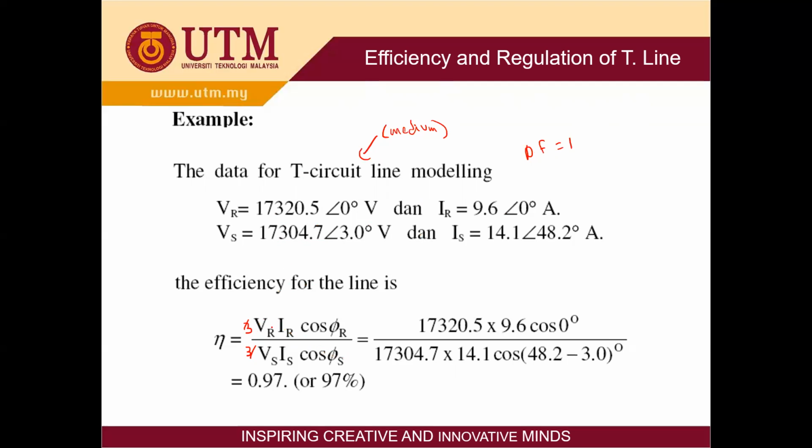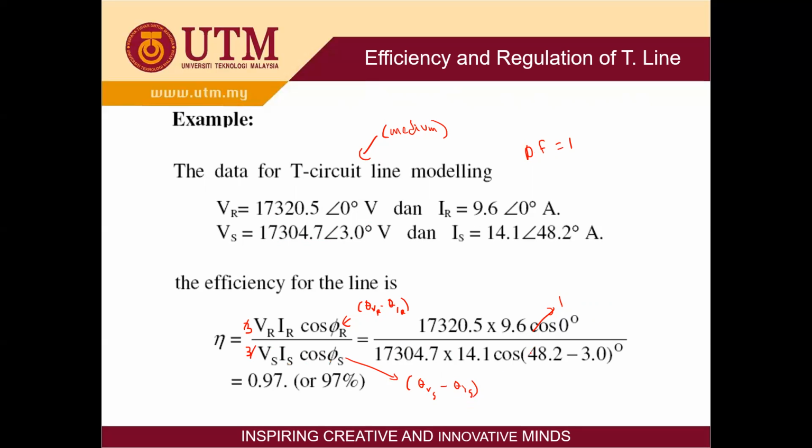So you calculate VR IR cos theta, which refers to theta VR minus theta IR. So almost 0 here, so this one is unity. And this one is VS IS cos theta S, which is theta VS minus theta IS.